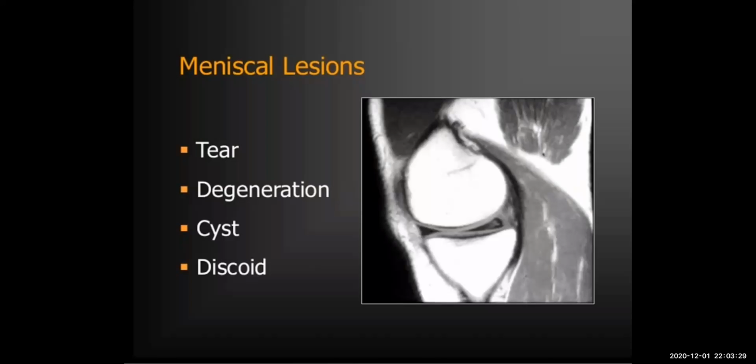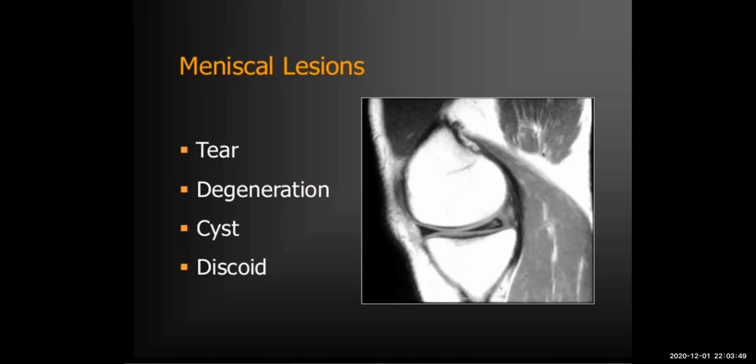Usually the medial compartment takes much more than the lateral. One of the functions of the meniscus is to absorb shocks and to distribute the weight equally on the tibia.